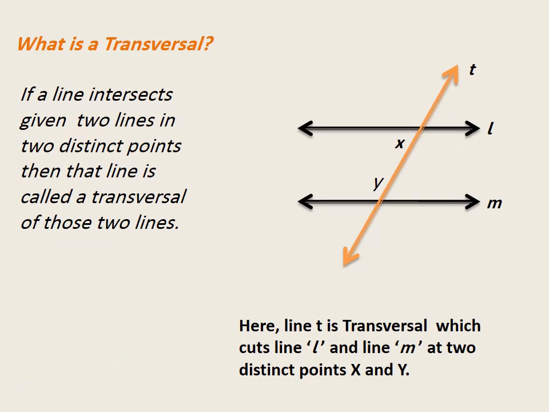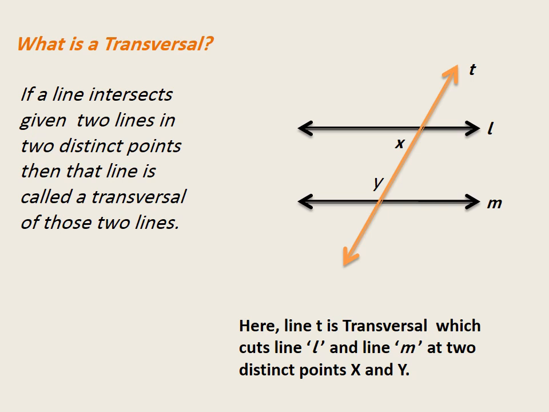In this chapter, we have to learn about transversal. Now, what is a transversal? If a line intersects two given lines in two distinct points, then that line is called a transversal of those lines.